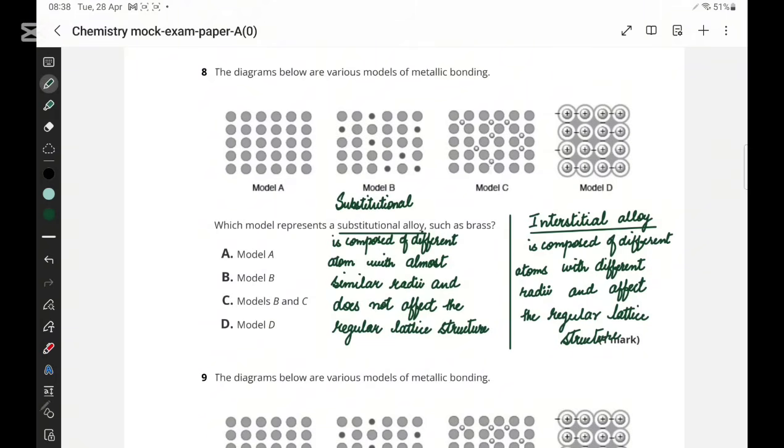And if you see option C, model C, when another element enters, it disturbs the normal regular lattice structure, and this represents an interstitial alloy. So our answer for the substitutional alloy is model B.